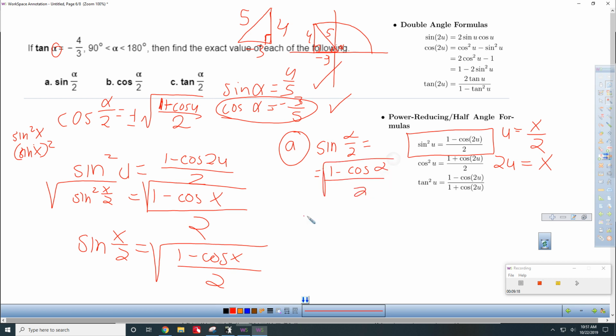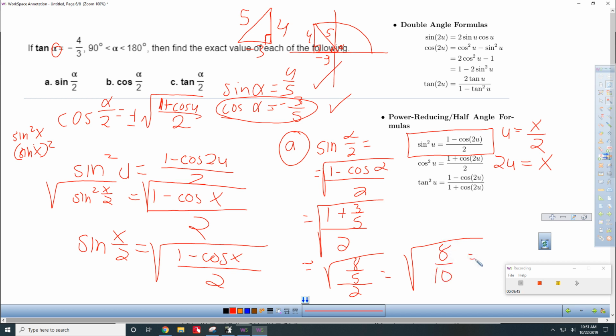So it's 1 minus, well, the cosine is negative 3/5, so 1 plus 3/5, all divided by 2, square rooted. That's 5/5 plus 3/5, so that's 8/5. The square root of (8/5) over 2, which is the square root of 8/10.